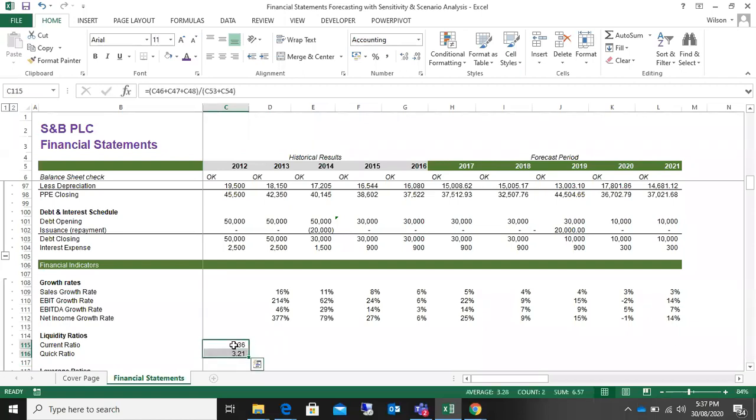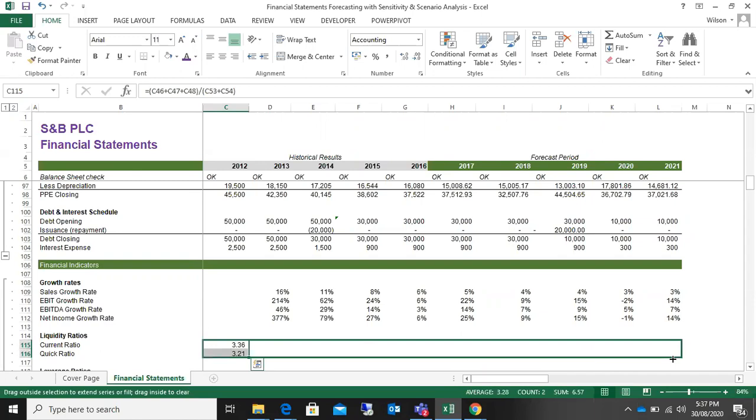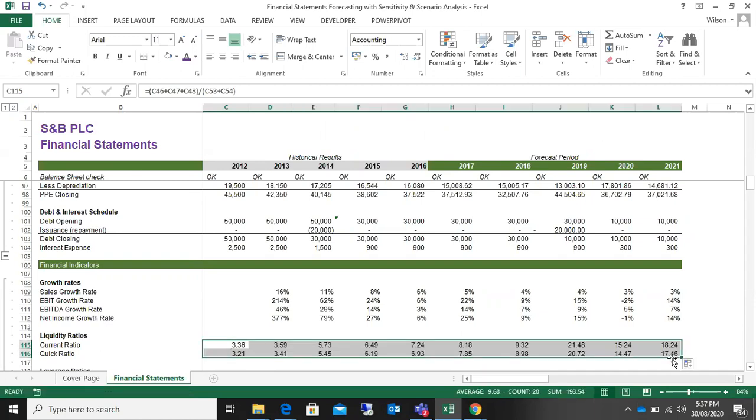Okay, for instance, the business is facing a liquidity problem. How quickly can you realize cash? You look at the quick ratio. The quick ratio will give you more insights than the current ratio. So we can take this down up to the forecast period. So you can see how we interpret this.